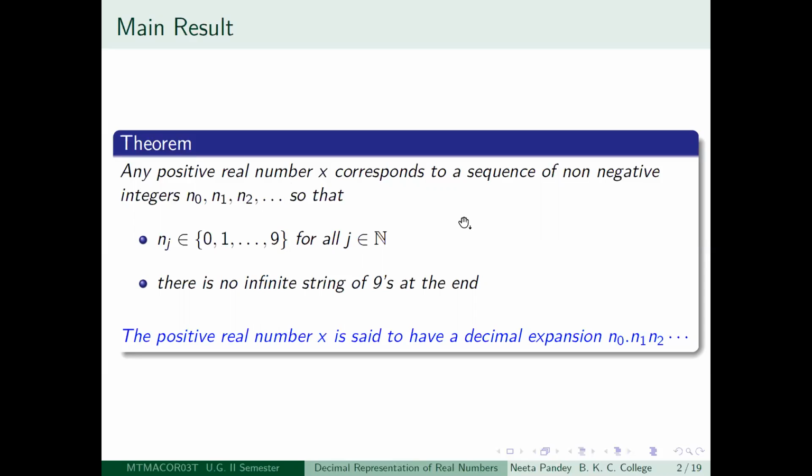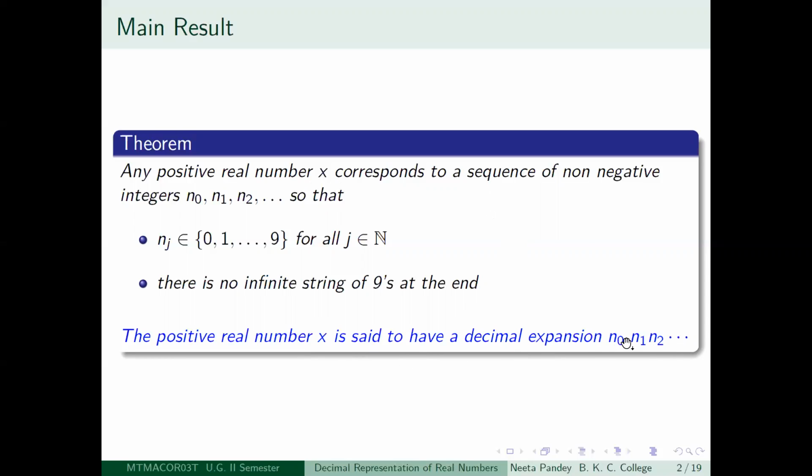So our result is saying that any positive real number x will correspond to such a sequence of non-negative integers, and in that case we will say that the decimal expansion of this positive real number x is n0 point n1 n2 etc., where point means the decimal point.